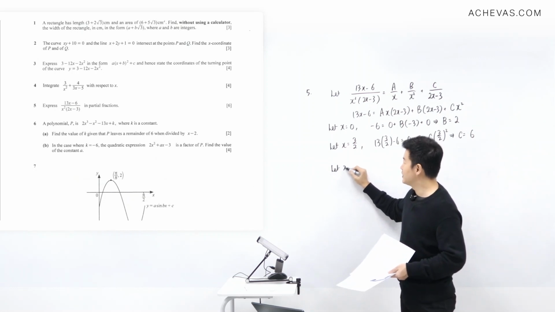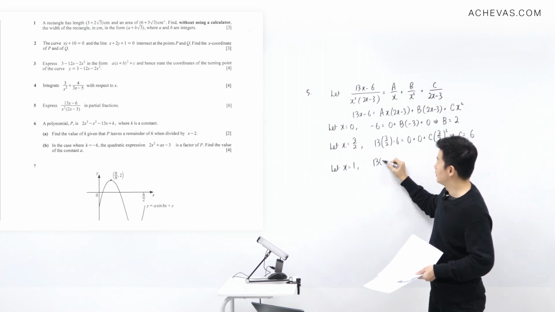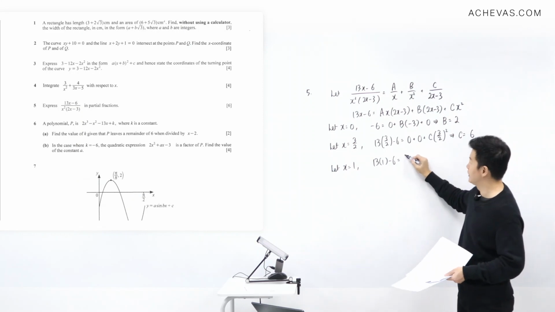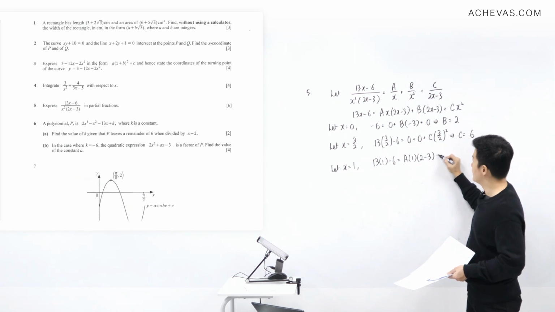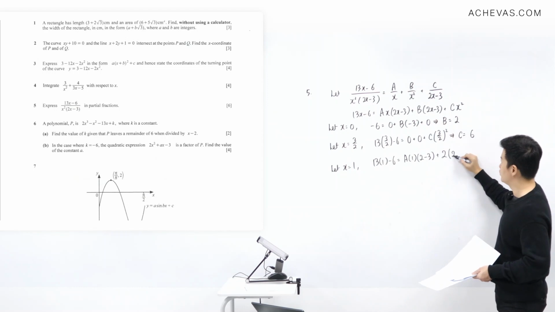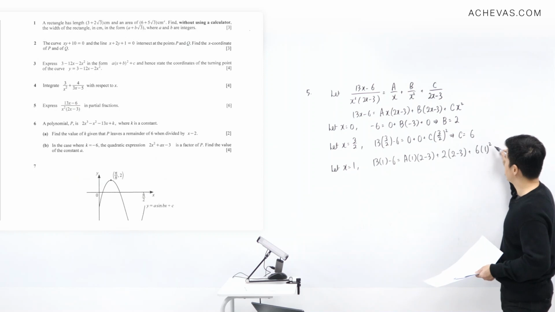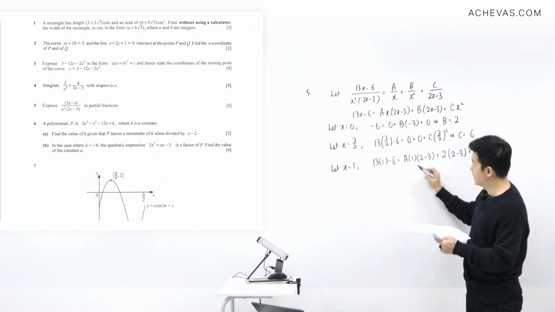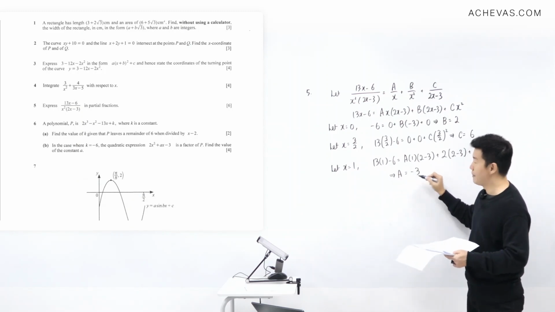If I let x be equal to 1, then we have 13 multiplied by 1 minus 6 equal to a, which I have yet to solve, multiplied by 1 times (2 minus 3), plus b, which is 2, times (2 minus 3), plus c, which is 6, multiplied by 1 squared. Here I will be able to solve for a directly. Making a the subject, this gives the value of a to be equal to minus 3.